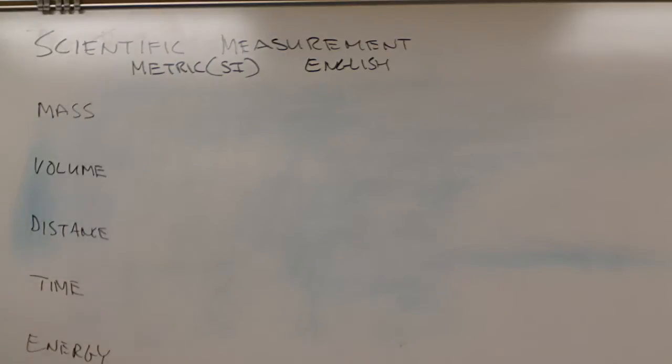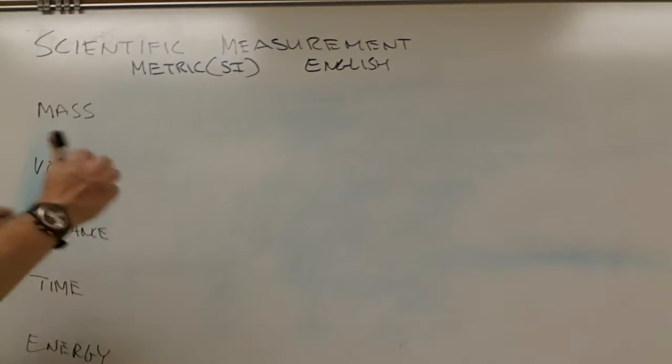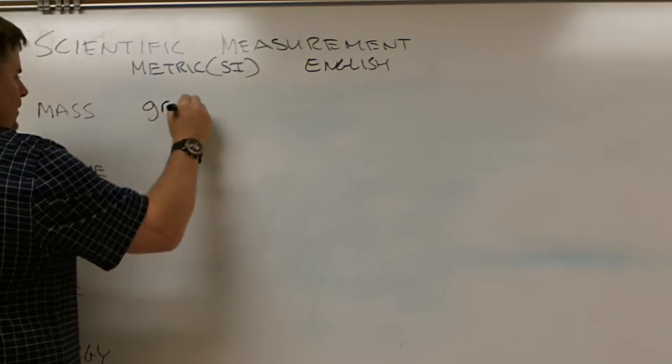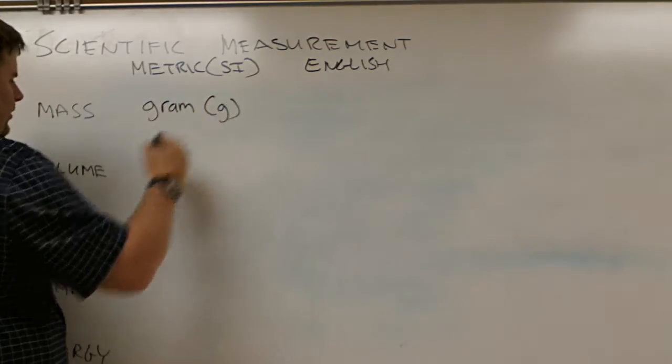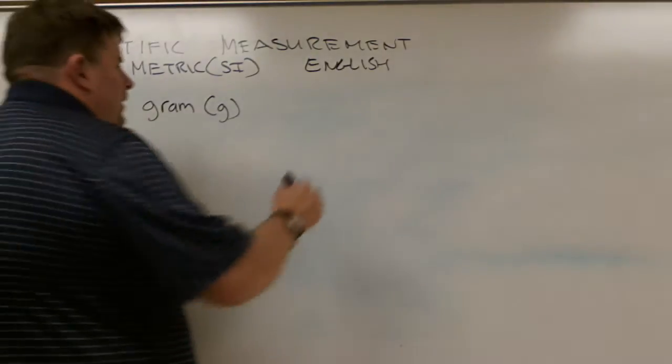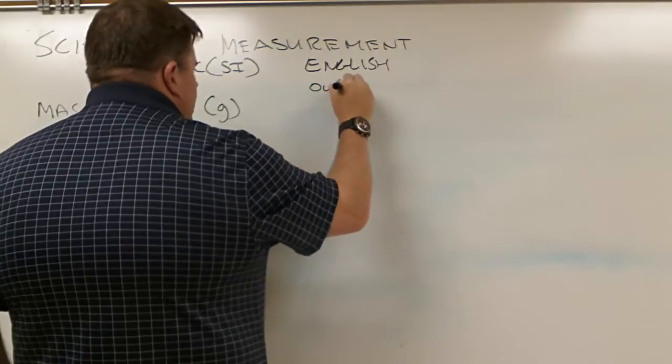For example, let's look at mass. What's the unit for weighing mass in the metric system? It's easy. It's gram, abbreviated with a lowercase g. And what is it in the English system? There's the ounce.